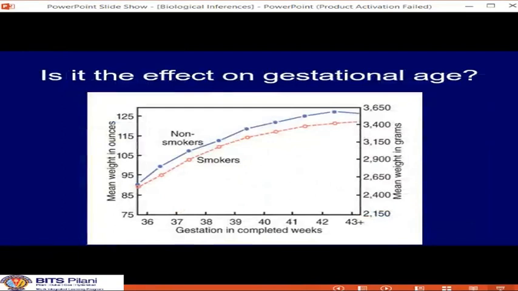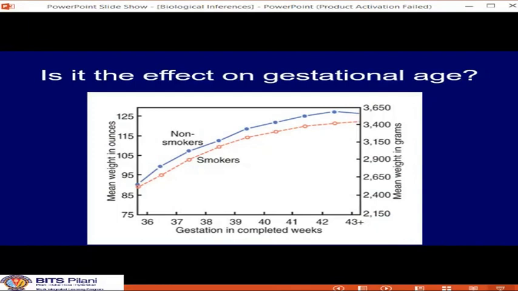Somebody would say, perhaps if you smoke, babies are born earlier and they have lower gestational age and therefore lower birth weight. So this is an interesting graph. On the x-axis is the amount of gestation before the baby was born, and the y-axis is the mean weight in pounds.